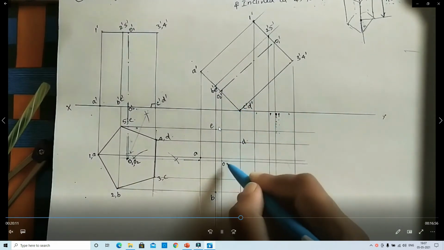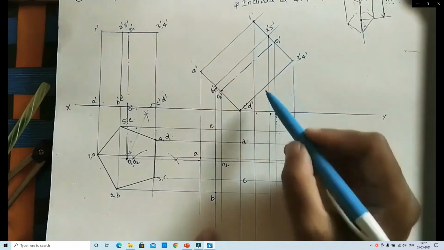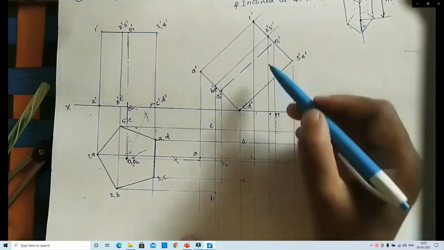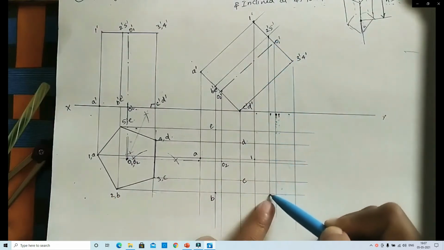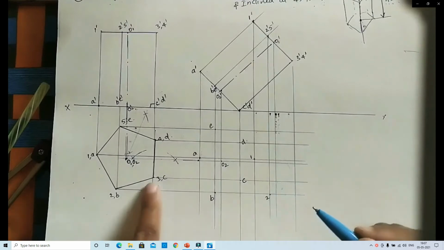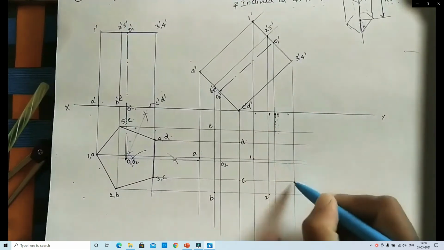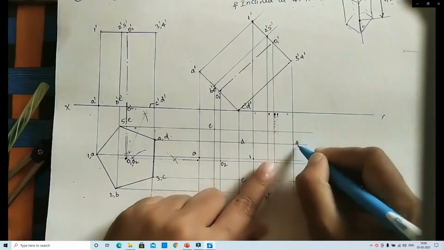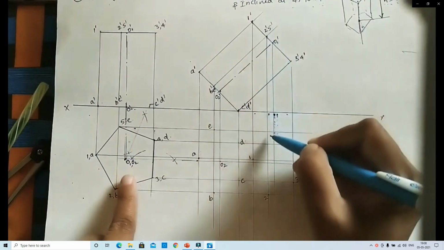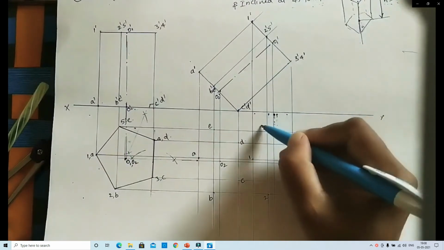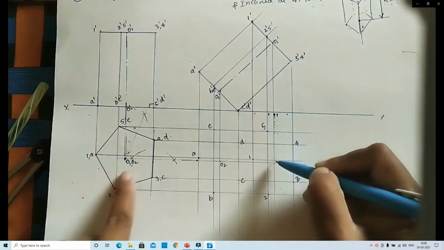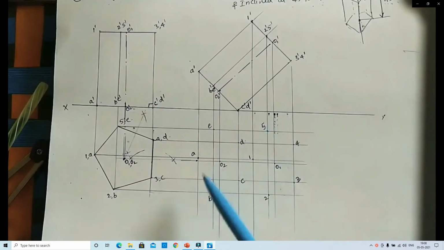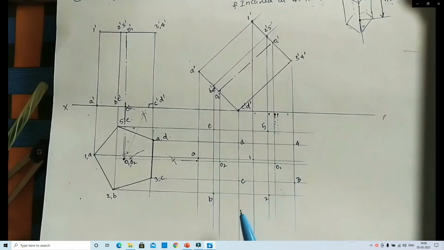Then that is the axis O. Next, one more side also, the same procedure on the other side. You identify the points 1, 2, 3, 4, 5, that is O1. Now with the help of the scale you join all the points.